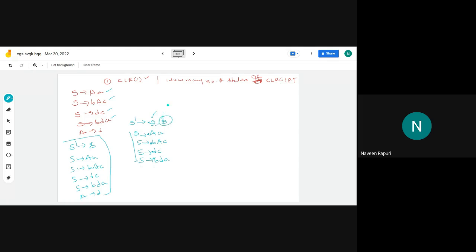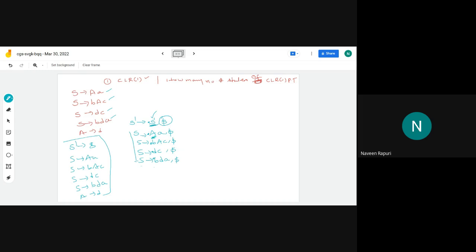So the look ahead symbol is dollar for all these productions, because we are expanding them for this S.